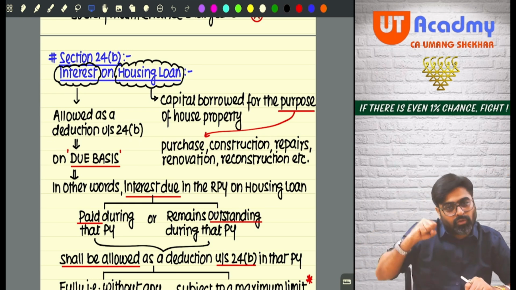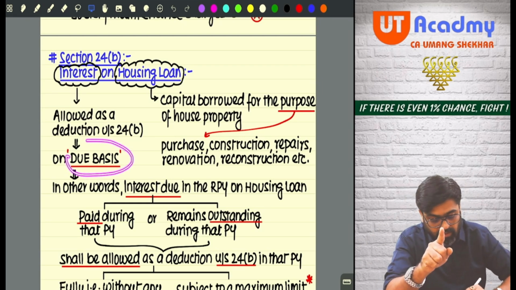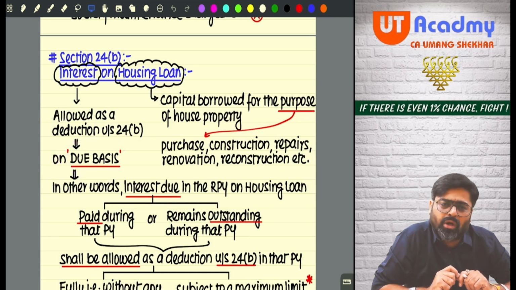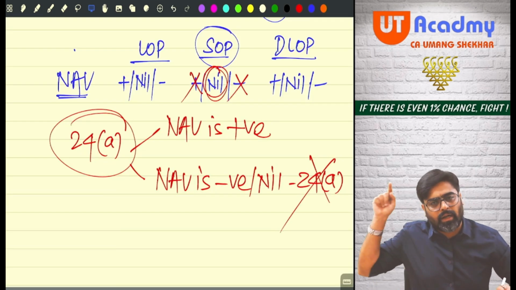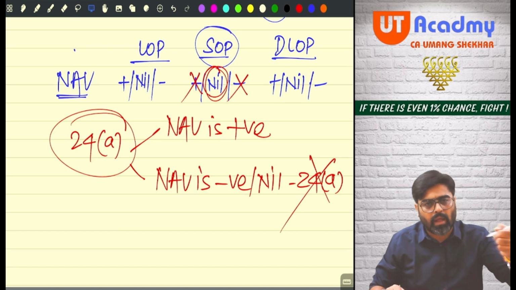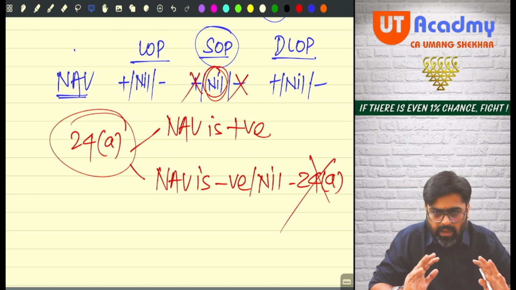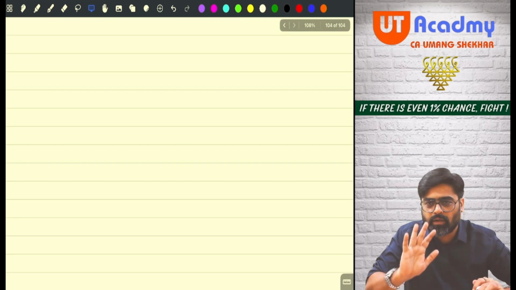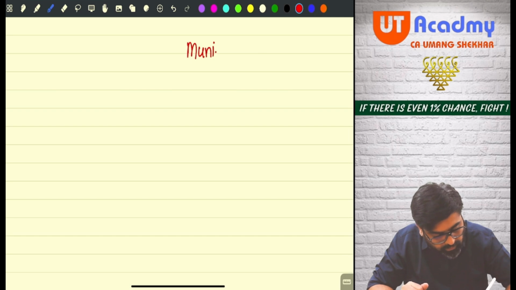That interest is going to be allowed under section 24 clause B, and that will be allowed on due basis. Sir, you are a very confusing fellow, sir. Sometimes you say that some expense is allowed on payment basis, and now you are saying that this is allowed on due basis. Why this discrepancy, sir? I will tell you why. Wait. See, if you talk about municipal tax, the deduction for municipal tax is on what basis?